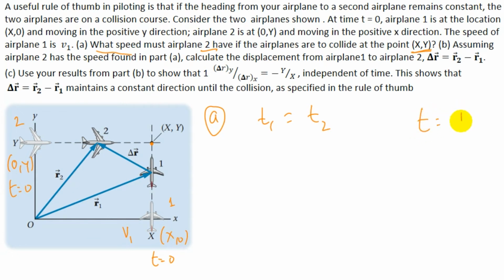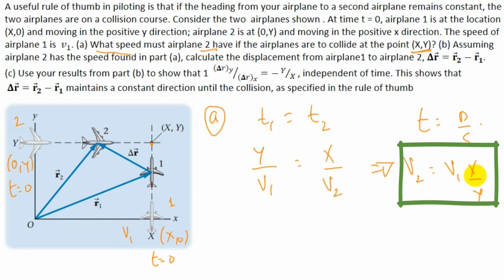Time is distance over speed. For aircraft 1, the distance traveled is y and the speed is v1. For aircraft 2, the distance is x and the speed is v2. So the expression for v2 is v1 multiplied by x over y. This is the answer for the A part.